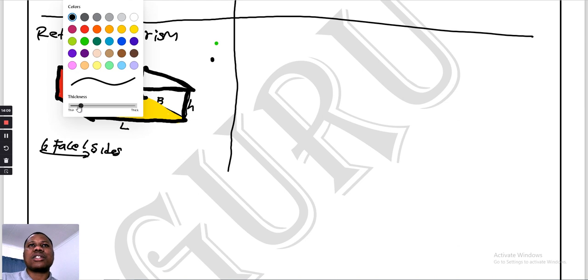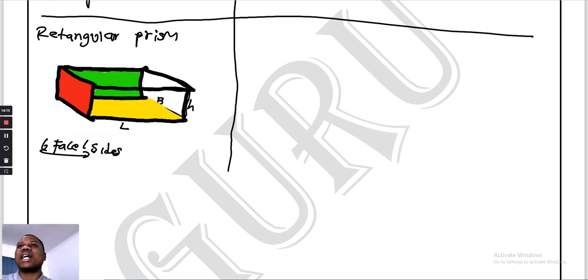So I'm just going to be quick now in explaining how we must calculate the surface area. When you observe this shape, the rectangular prism, we have 6 sides, or someone can say we have 6 faces. When you look at the red one, the red one has an opposite side.